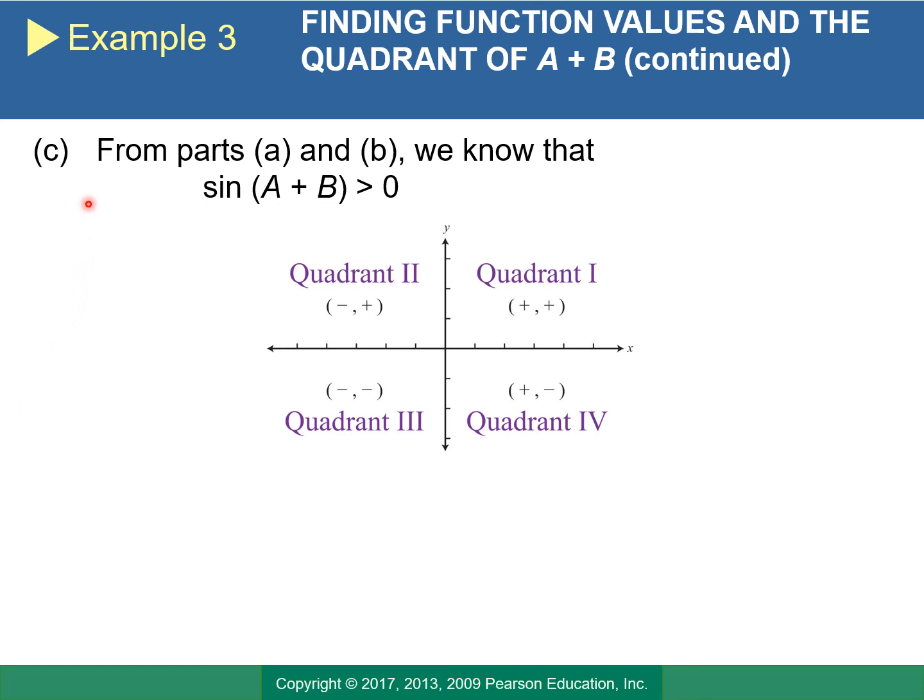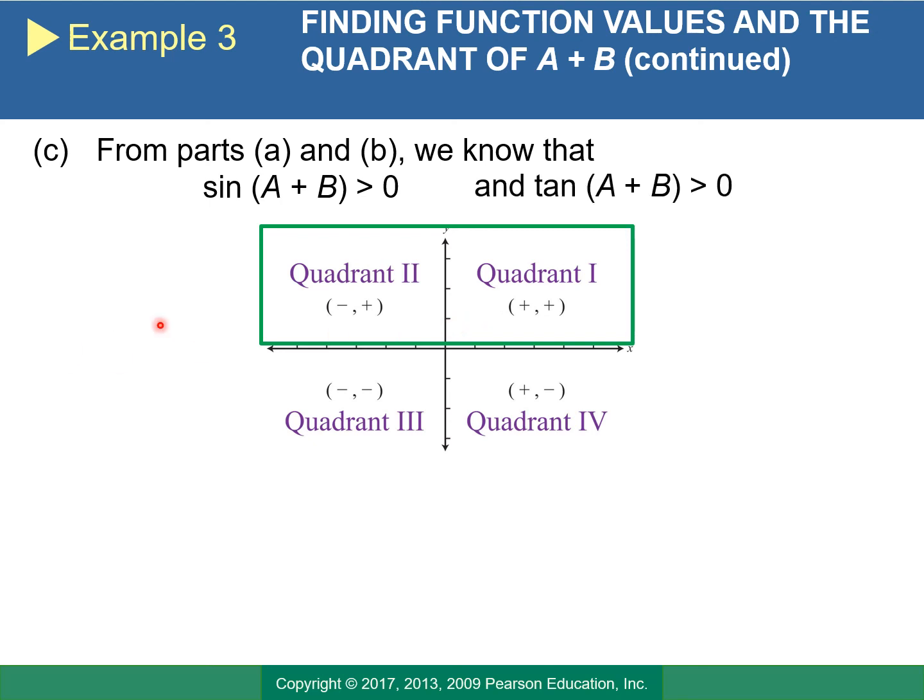And then part C said, what quadrant did A plus B, the angle that you get when you add angles A plus B, lie in? Well, from part A, we know that the sine value was positive. If you look back at sine of A plus B, the answer was positive. Right? So if you recall, sine, think of it as the y value. It's positive in these two quadrants, 1 and 2.